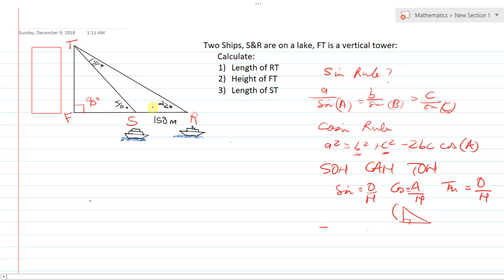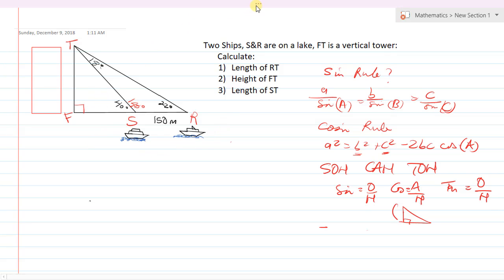A triangle adds up to 180 degrees, so 180 minus 40 would be 140. Or this angle is on a straight line, so it is equal to 180 minus 40, which is 140, right? Okay, so we are going to calculate this.